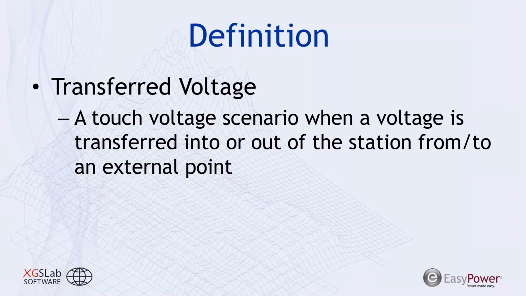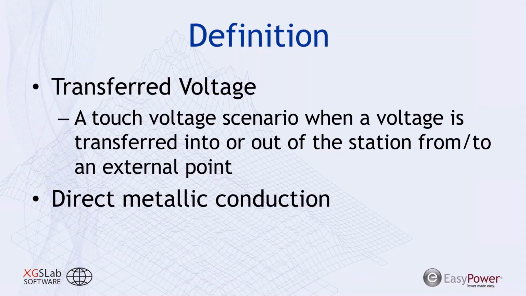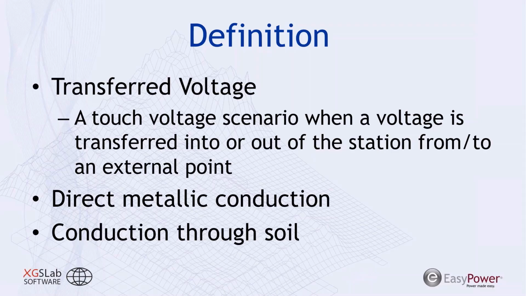Typically, we're looking at another metallic object, and you could have transfer voltages through direct metallic conduction, meaning the recipient of this transferred voltage may be directly bonded to the grounding system of your substation or other grounding system. You could also have conduction through the soil, and you don't need to have any sort of direct bond. It's just by being in the vicinity, the current will go through all paths available to it. So you have this conduction through the soil.